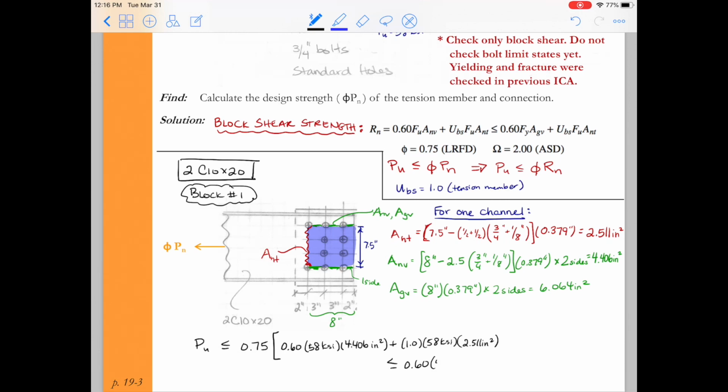So that's 0.60 times the yield stress, which is 36 KSI, times the gross shear area, 6.064 inches squared, plus, and then we have the same factor, UBS times 58 KSI times ANT, which is 2.511 inches squared.